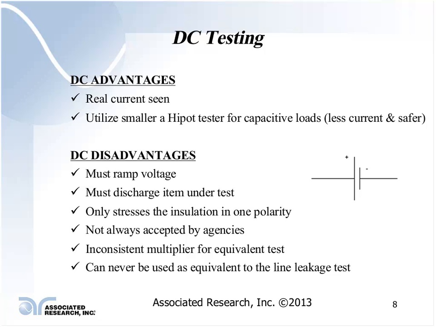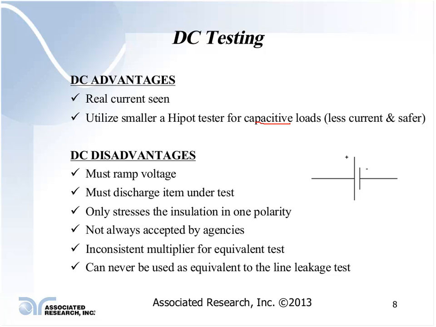You can bring up the voltage slowly and allow for that capacitance of your product to charge up. Therefore, your tester is a little safer, but you still have to worry about the charge on that capacitive load within your product itself.